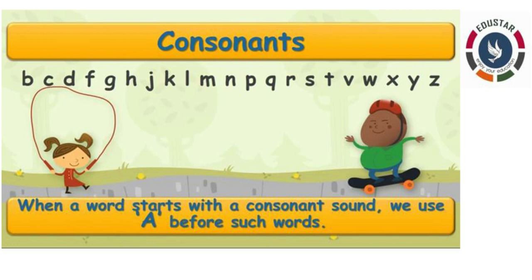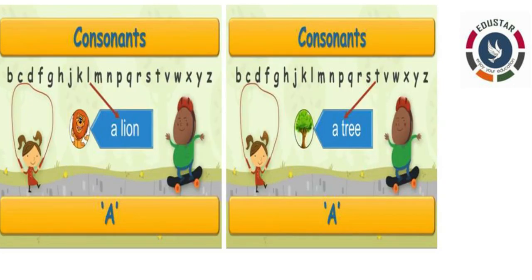For example, a ball, a lion, a tree. The first letter of lion is L. It is a consonant sound. The first letter of tree is T. It gives a consonant sound. So you are going to use a before a consonant sound.